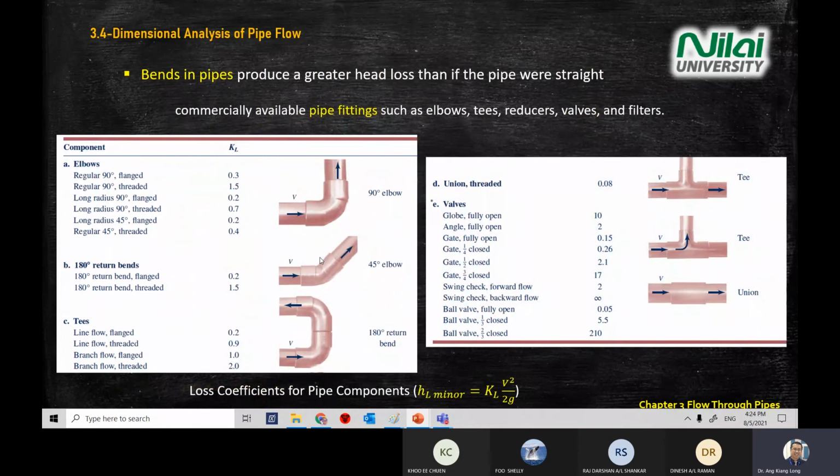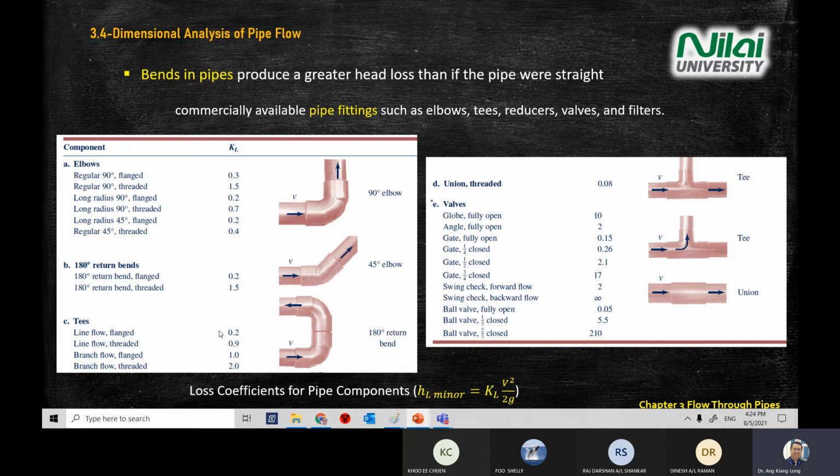Now, today there is a new chart for you. Technically, we already have some reference values for your KL. So if you're given a scenario in a test or final exam, look at the name here. Let's say the exam says the system is using a regular 90-degree threaded elbow.